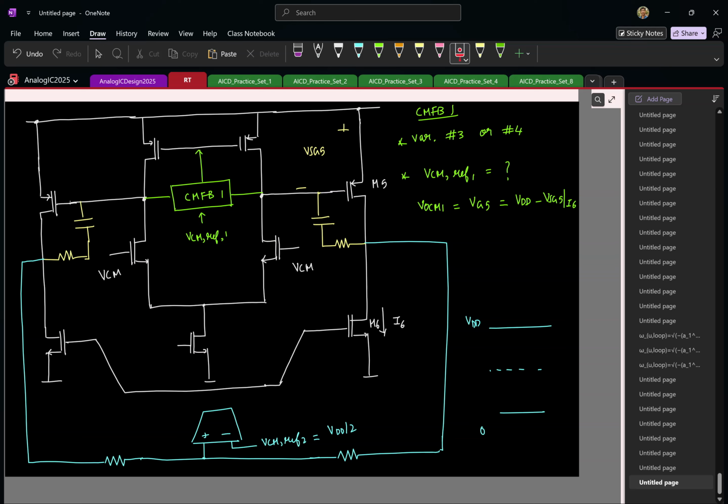Now for the second stage CMFB, do you think I can fix either of them and tune the other one, or is one of them already fixed? PMOS is already fixed for me, because it's directly connected.